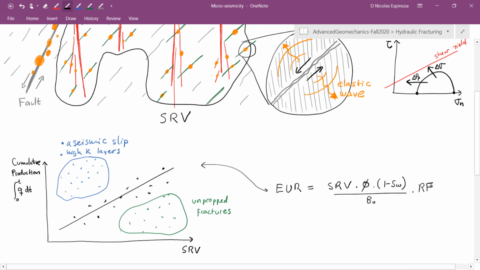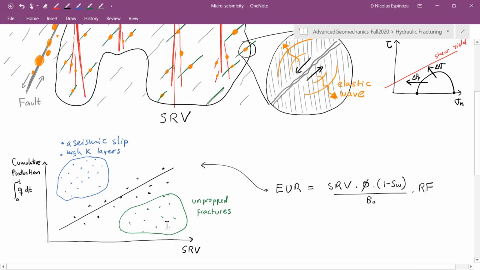Okay, but there are cases in which we don't see such a great correlation between cumulative production and the stimulated reservoir volume. And there are some reasons for that. Sometimes, for example, you could have a very large stimulated reservoir volume, but very low production.